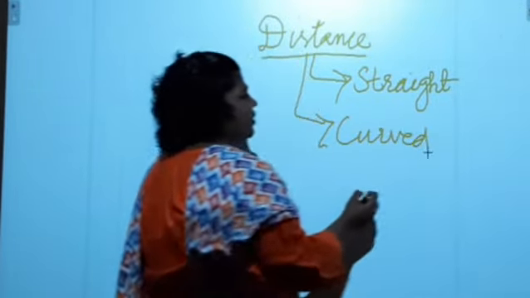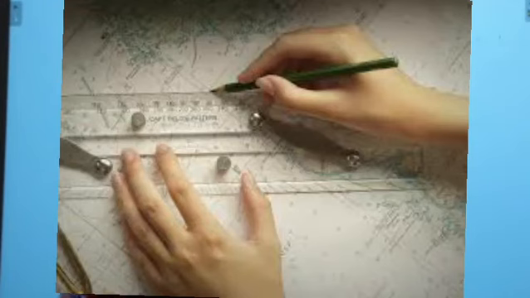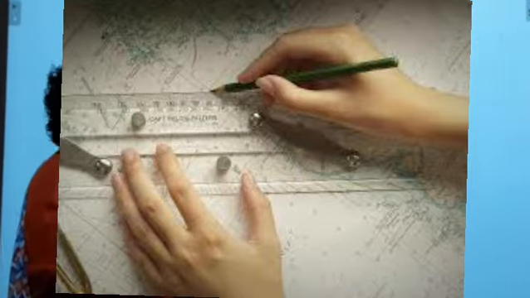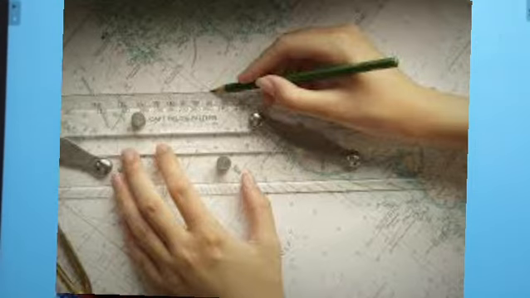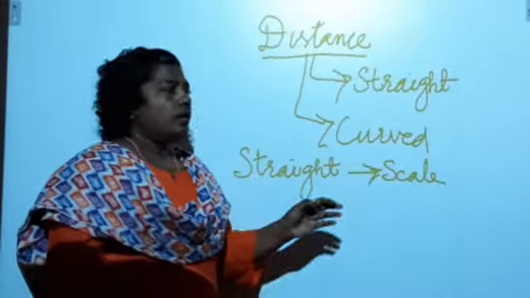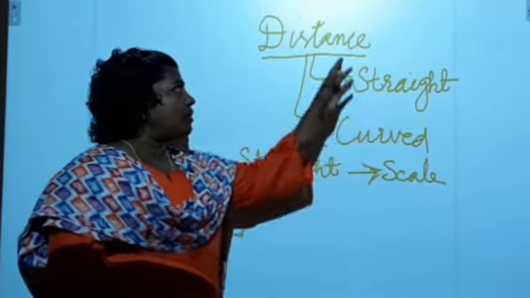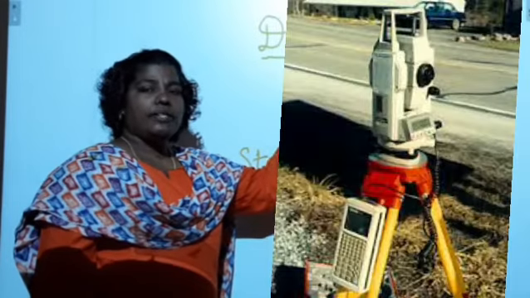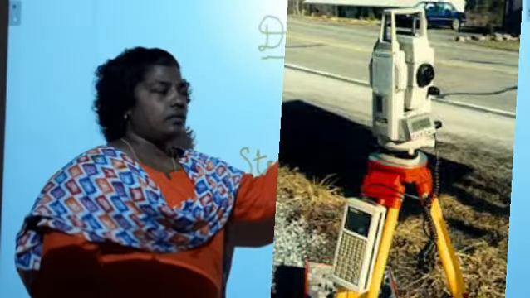How will you measure straight areas? To measure straight areas, a scale is used. You can use the scale directly. For this we use 3 types of scale, based on the areas.